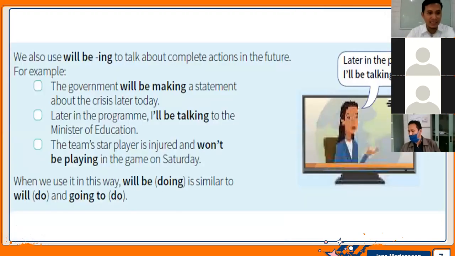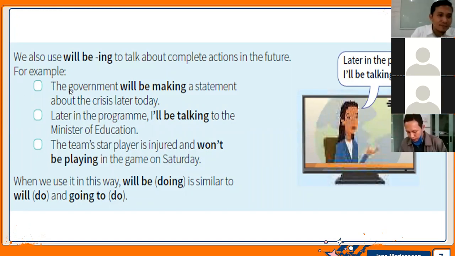Okay, the next. We also use will be doing to talk about a completed action in the future. For example, the government will be making a statement about this crisis later today. So again, we use future continuous tense to talk about a completed action, pekerjaan yang udah selesai, but in the future.